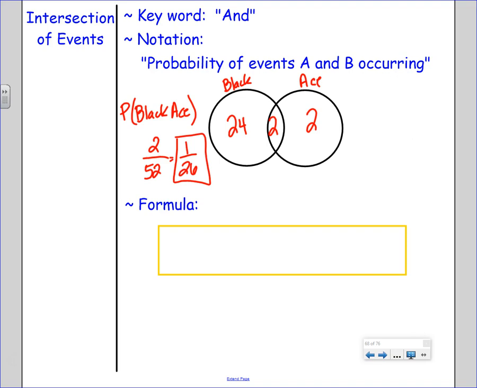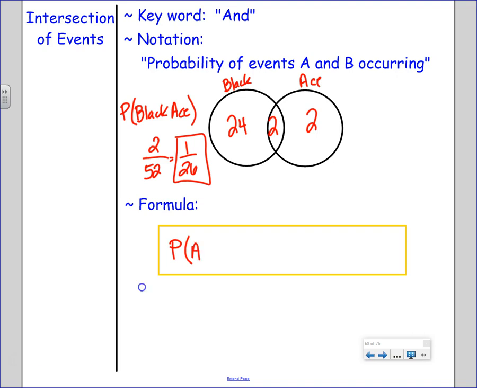So a Venn diagram might help, but if you can't necessarily hold all the options in your head and think about how many are shared, there is a way of thinking about the probability of A and B occurring. And it's not two separate events, it's like two separate characteristics in a sense.